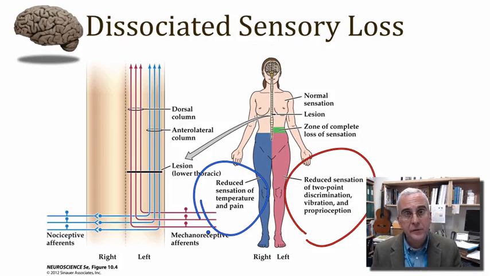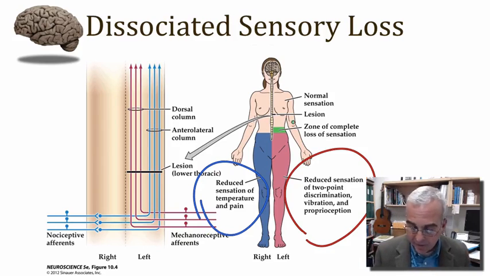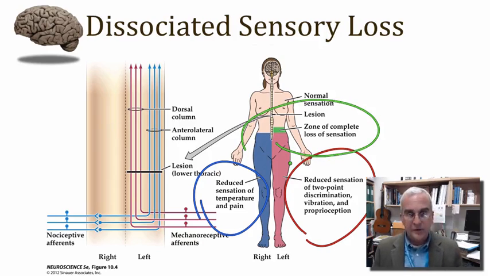So that's the dissociation. Loss of pain and temperature on one side, loss of mechanosensation on the other. Now, if there were a focal lesion on one side of the spinal cord, we would anticipate there to be a limited zone of complete sensory loss simply because we may be damaging the dorsal roots directly, or the dorsal column and the dorsal horn together at that same level.